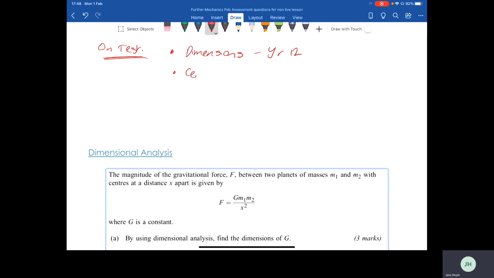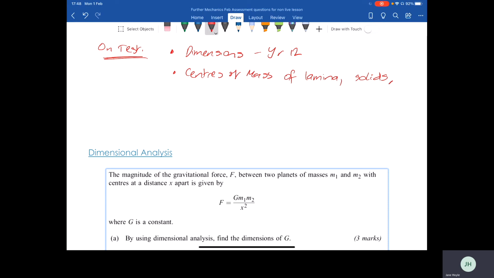And then centres of mass. So centres of mass, that was a Year 13 topic. And things that we've looked at are finding the centres of mass of flat shapes, so they were called laminar, but also three-dimensional shapes, so cones, spheres, and so forth.